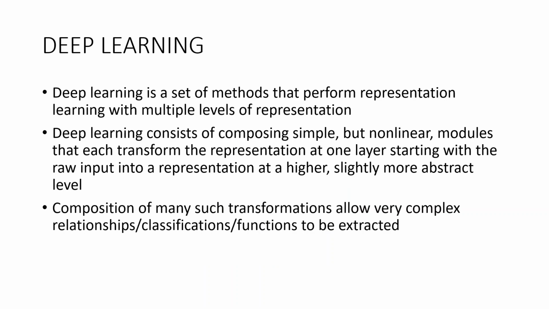And now we're going to move on to deep learning. Basically, deep learning you can think of as a generalization of the neural network we just talked about, but instead of having one hidden layer, it has multiple hidden layers. So essentially what you're doing is composing simple but non-linear transformations, which allows you to represent information at higher levels the further along you get into the deeper network, the deep learning network.